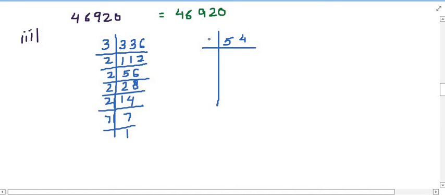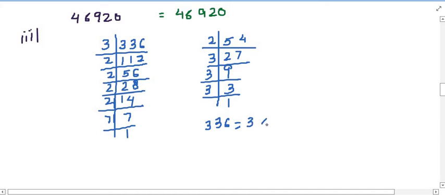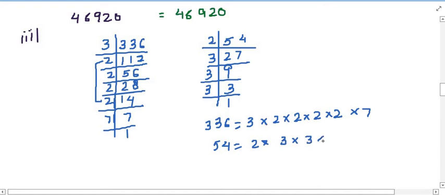Okay, now for 54 we'll start with 2. 2 times 27, then 3, then 9, then 3, then 3, then 3, then 1. So the prime factors of 336 are 3 times 2 times 2 times 2 times 2 times 7, and for 54 we have 2 times 3 times 3 times 3.